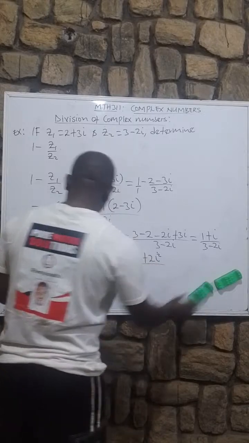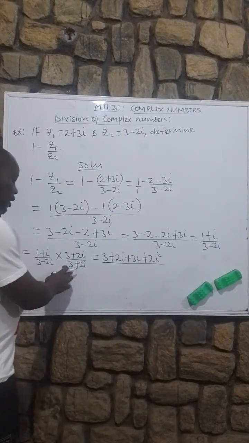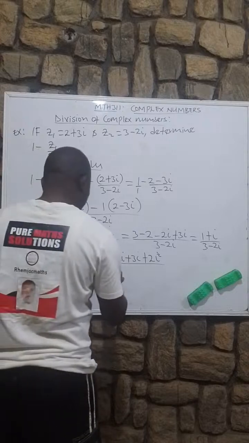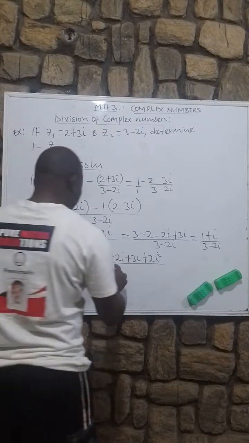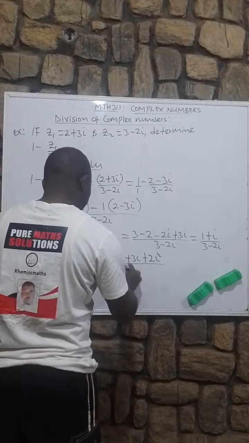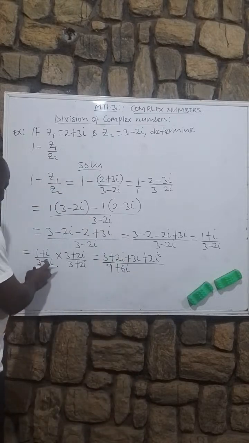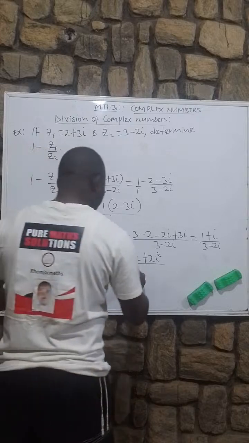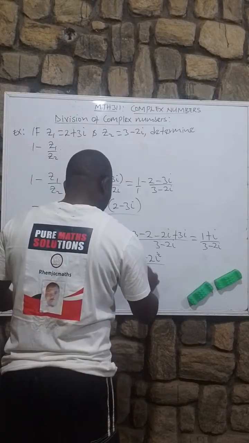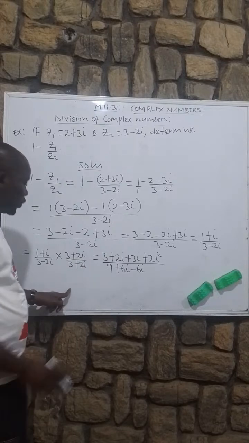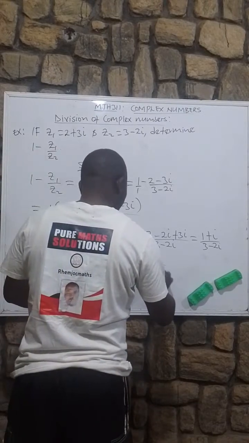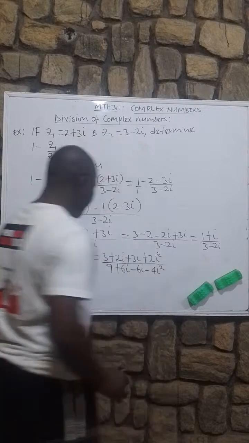All over 3 times 3, we are going to have 9, then 3 times plus 2i, we'll have plus 6i, true or false? Then minus 2i times 3 minus 6i, then minus 2i times plus 2i, we are going to have minus 4i squared, right?